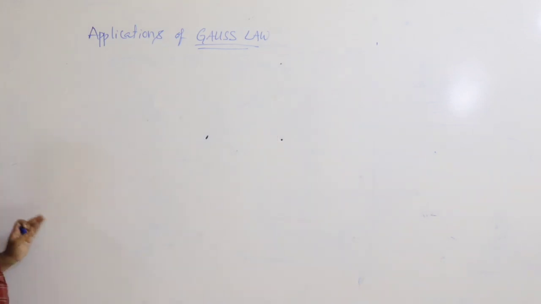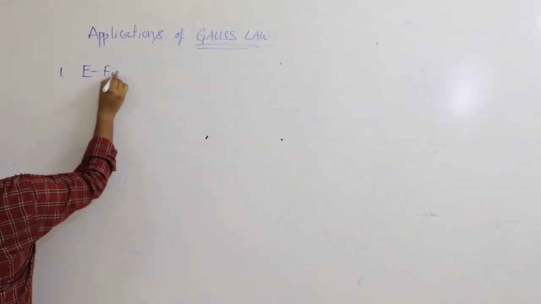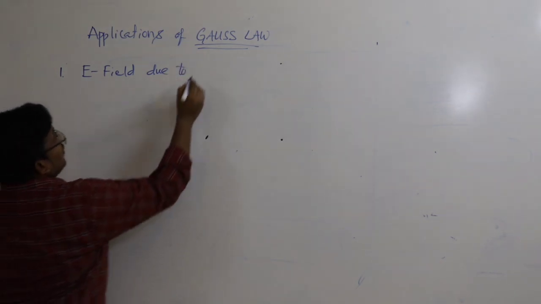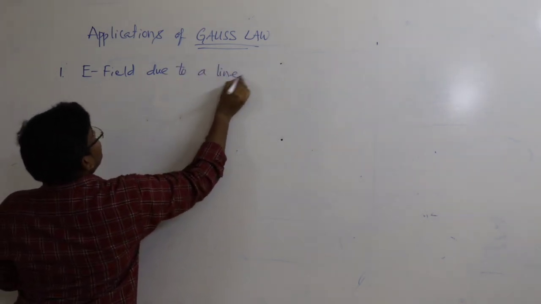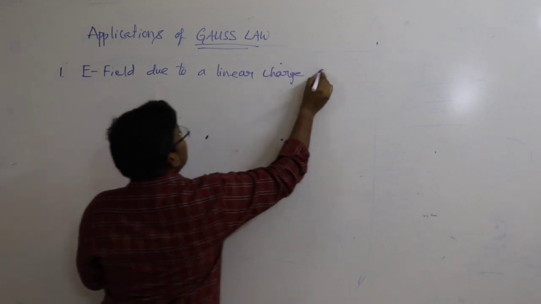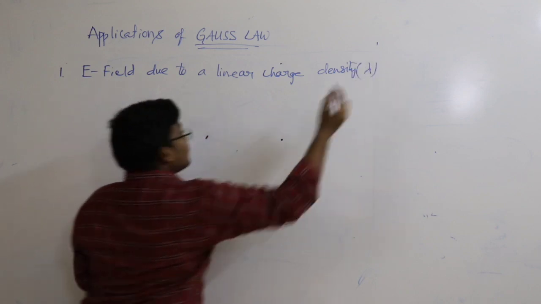So here the first one is the electric field due to a linear charge density, lambda.